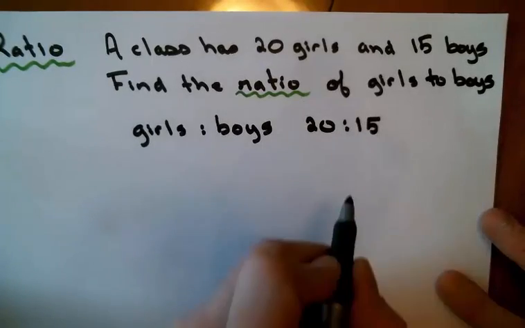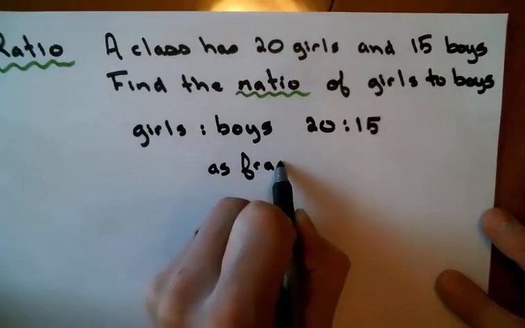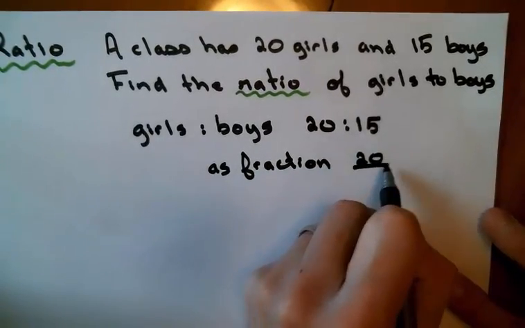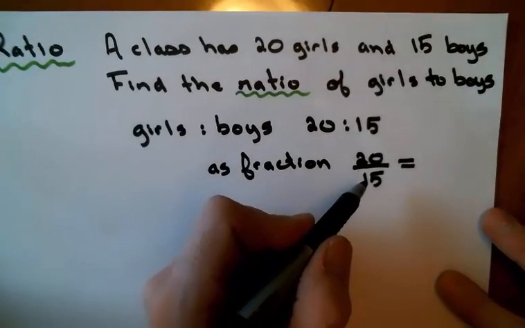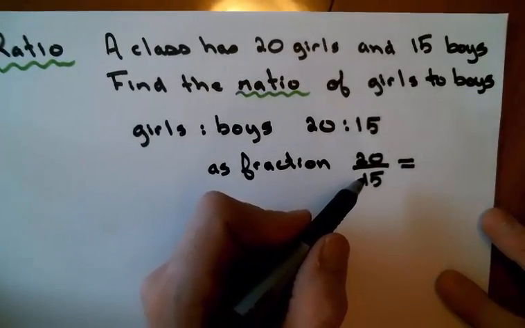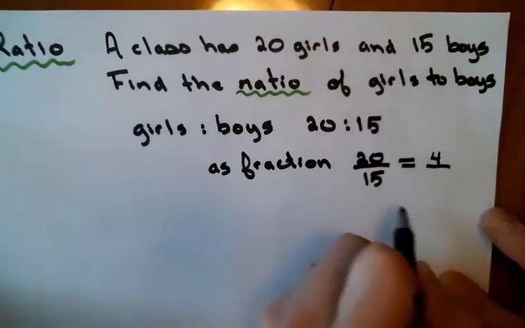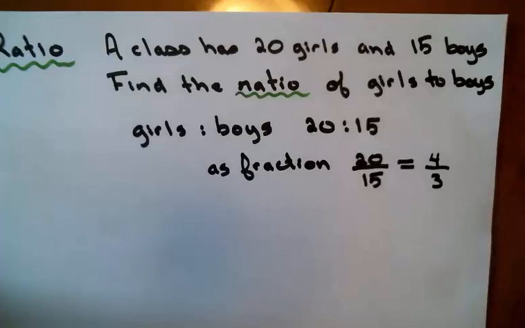So as a fraction, it would be 20 over 15, which we know we can reduce, and you should do that. What can we do? Each can divide by 5. So 20 divided by 5, 4, 15 divided by 5, 3. So the ratio of girls to boys is 4 to 3, or 4 over 3.